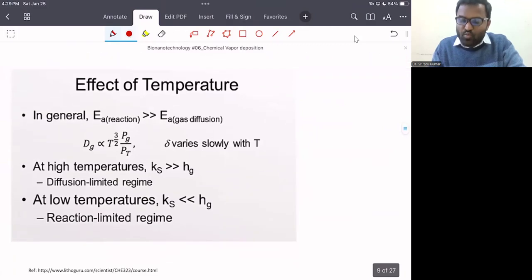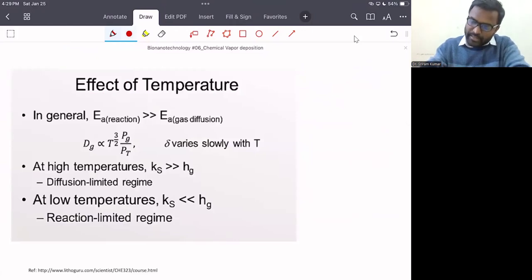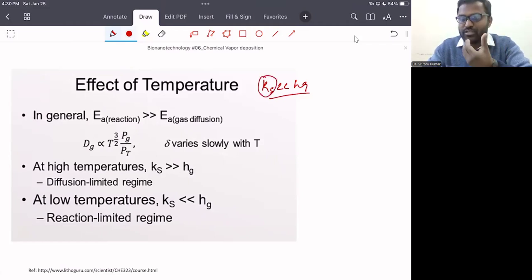Now let's understand what the effect of temperature in CVD is. As we explained earlier, the overall Ks, or the decomposition, is much less than the Hg. So that means the kinetics of decomposition is much lower.